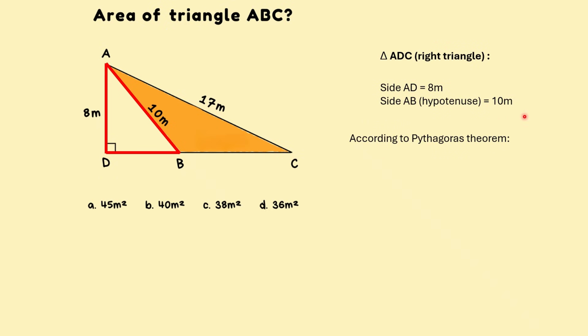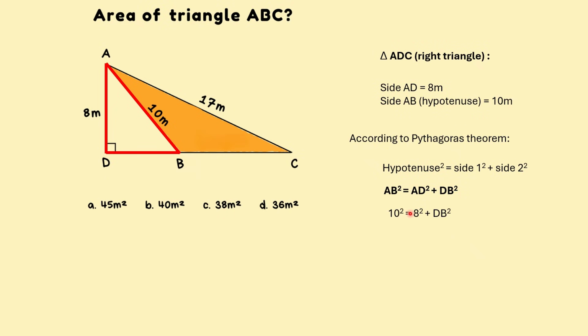Let's consider the Pythagoras theorem. According to Pythagoras theorem, the hypotenuse square is equal to side 1 square plus side 2 square, which is AB squared is equal to AD square, which is 8 meters, plus DB square.